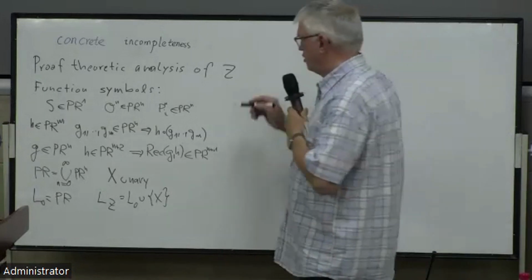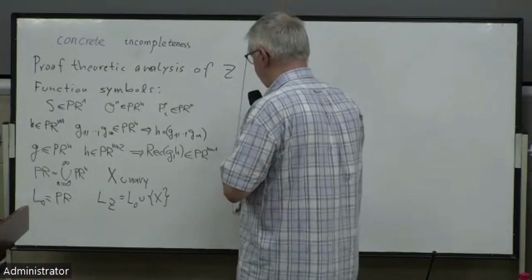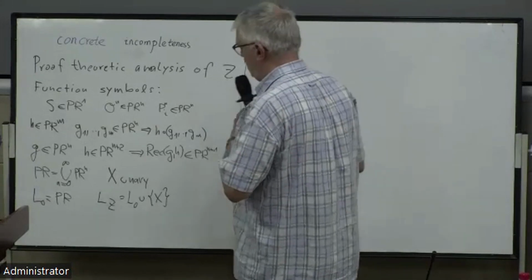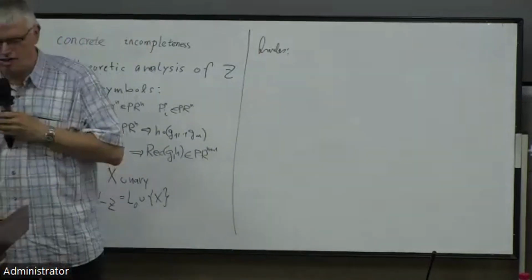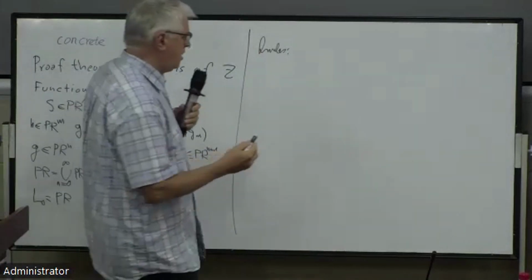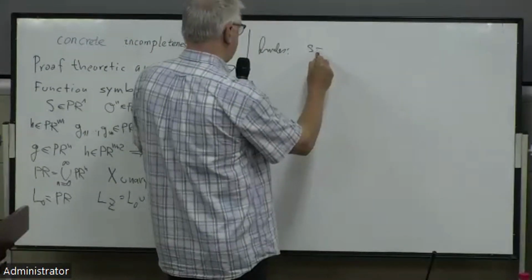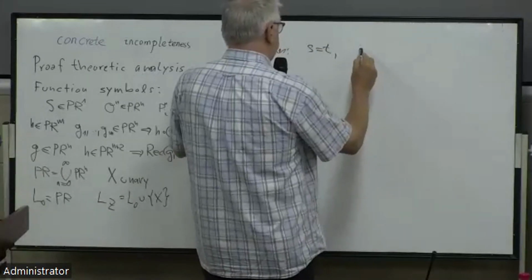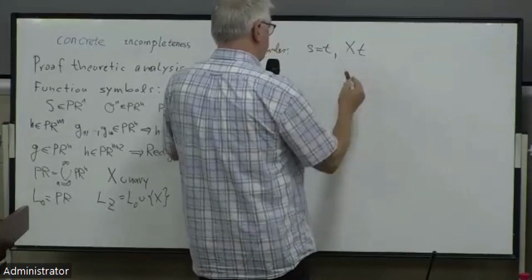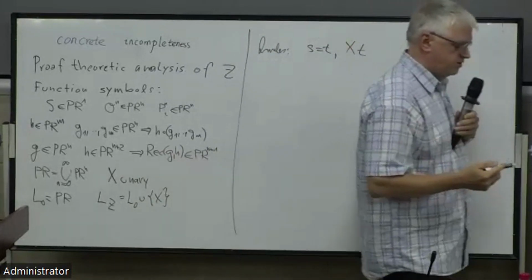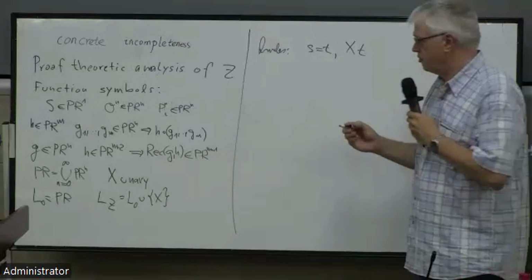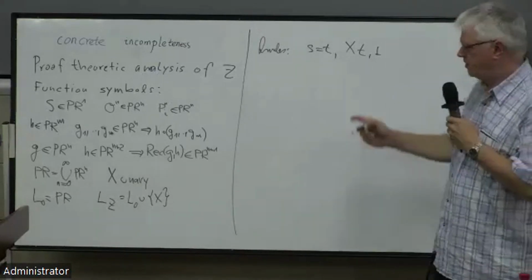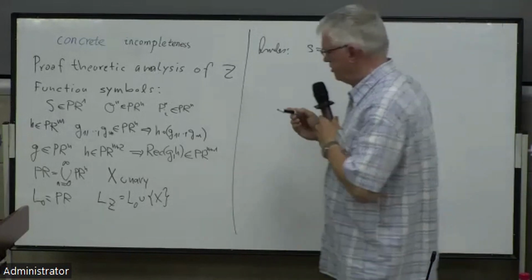Now, I can go over and define the formulas. Now, this is the same as usual in predicate logic. So we have equations between terms s and t. If t is a term and X is the new predicate symbol, then X of t is a formula. These are the atomic or prime formulas.